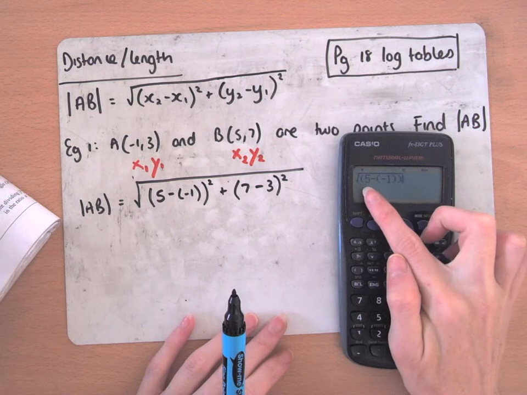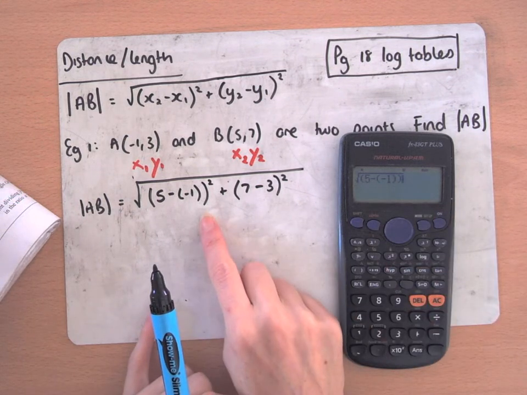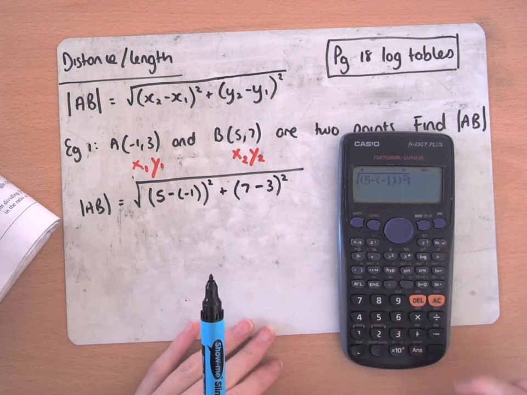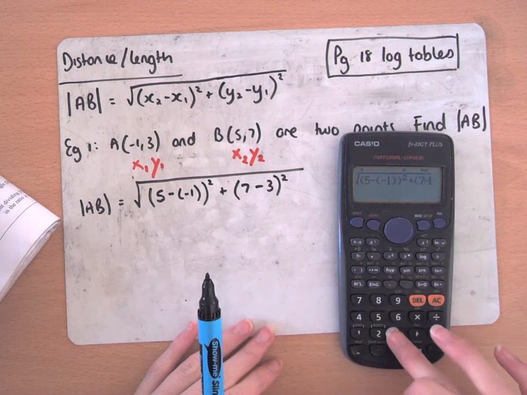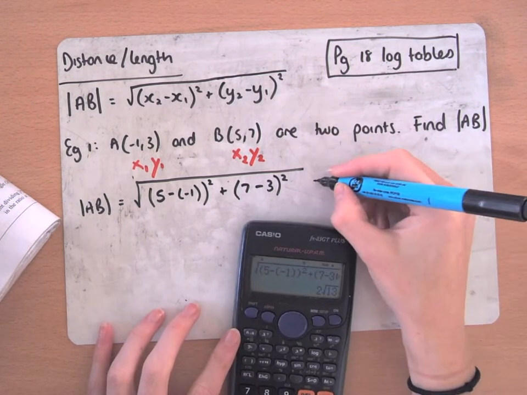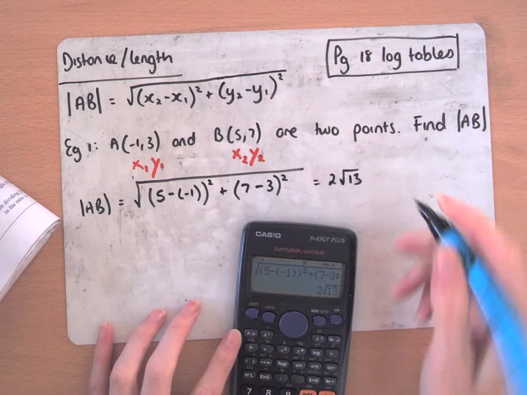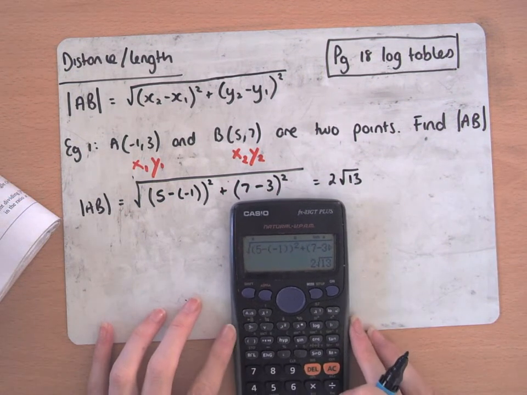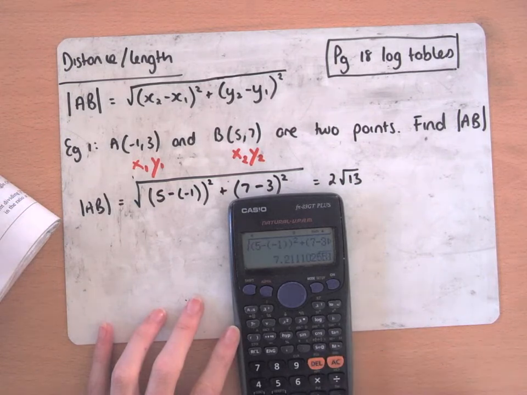So exactly what you've written down, you need to put in. To be squared plus 7 minus 3 bracket to be squared. So my answer is 2 root 13. And if they ask for your answer as a decimal, S to D, 7.2.